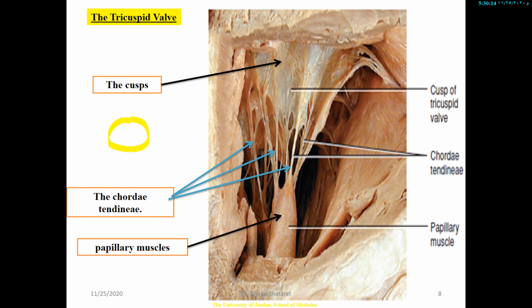You can't build a door without putting first of all a frame for this door. So we have a frame and we have a door. Here also we have a frame, which is the annulus fibrosus, as we mentioned, and now to this frame we would attach the valve.